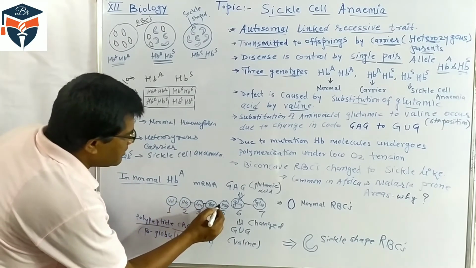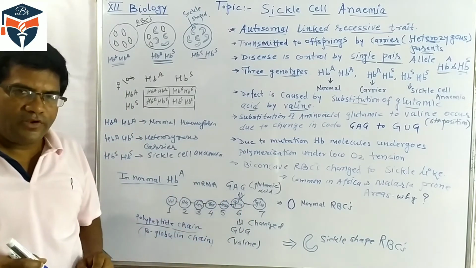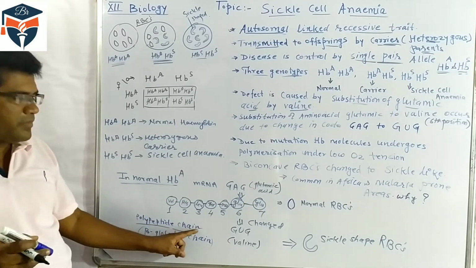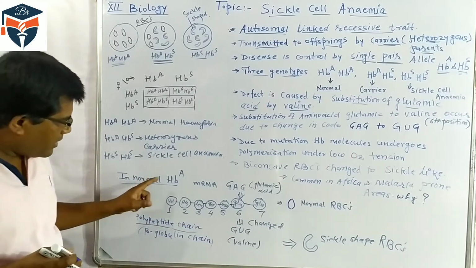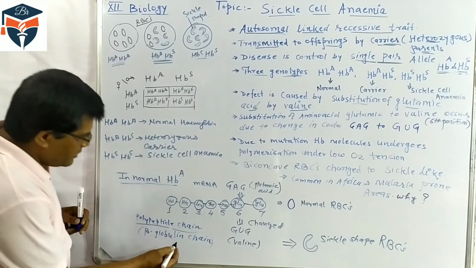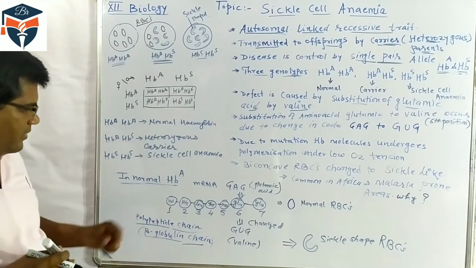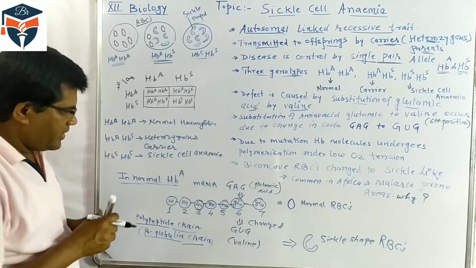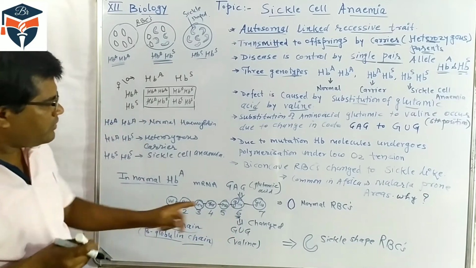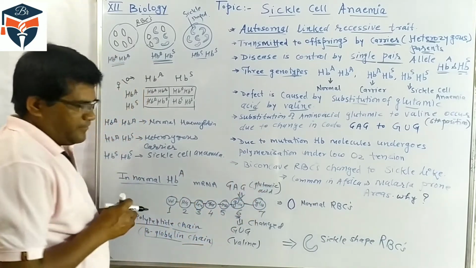In normal hemoglobin there is a polypeptide chain called the beta globin chain. In this polypeptide chain, at the sixth position, there is glutamic acid.